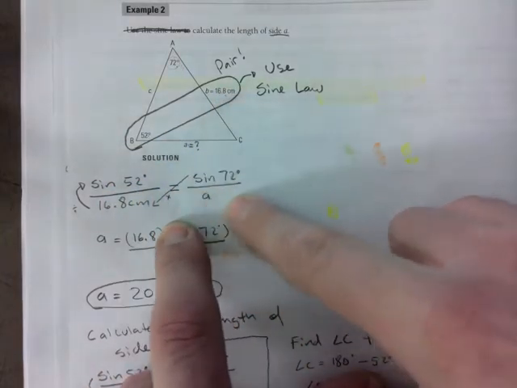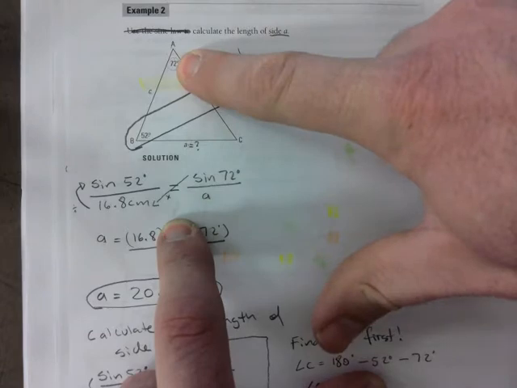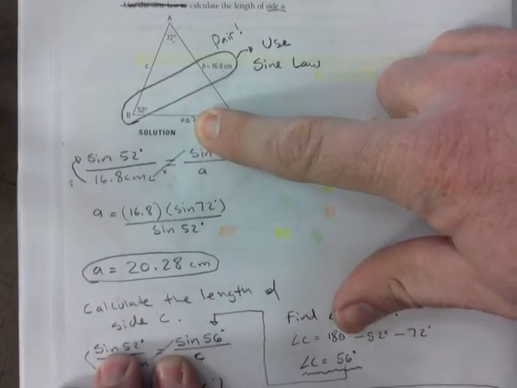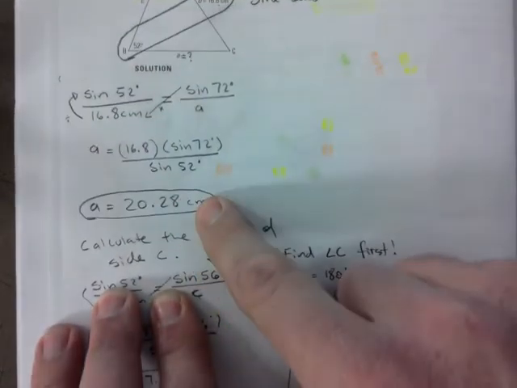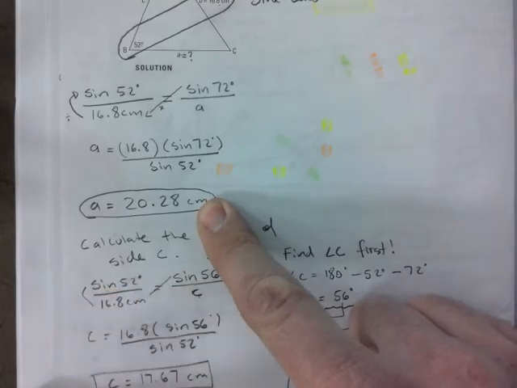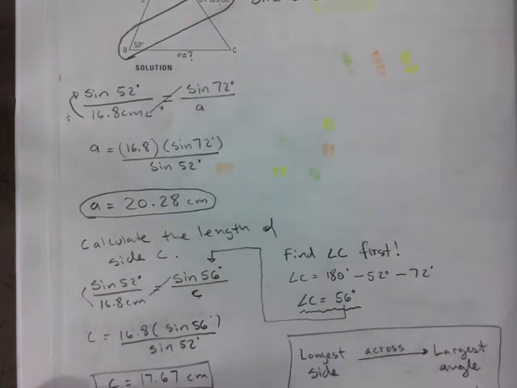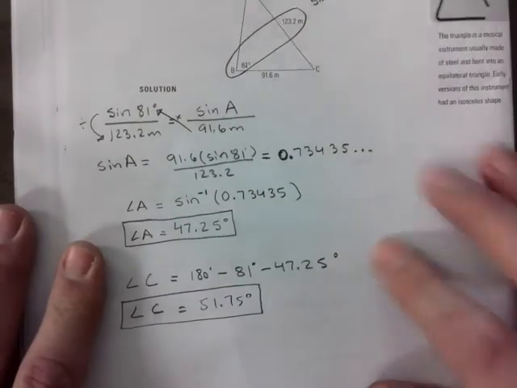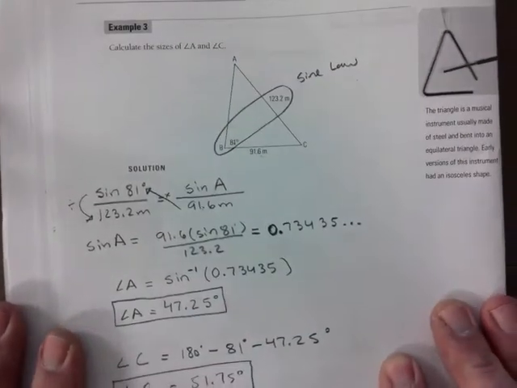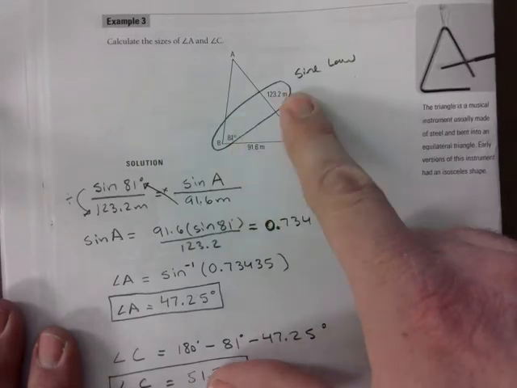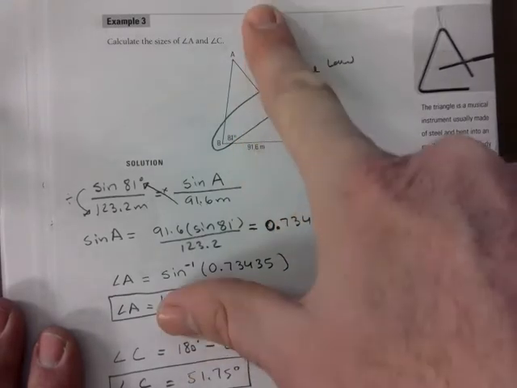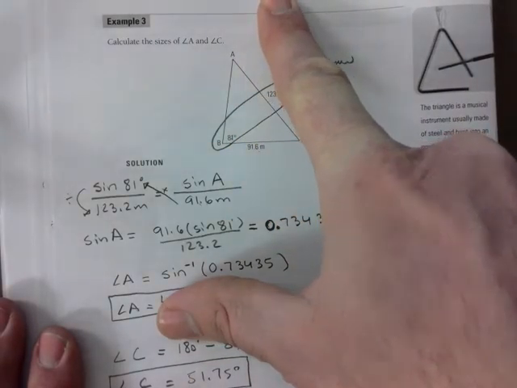And then you just set up the proportion with the other angle on the side across from it. We cross multiply and divide to figure out the side. And we did that for the rest of that triangle. Then, towards the end, I walked through an example where we're solving for angles, right?